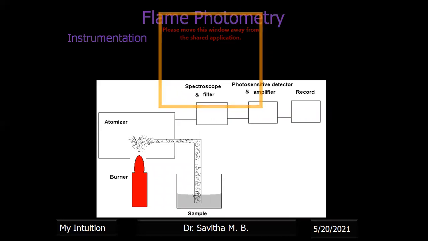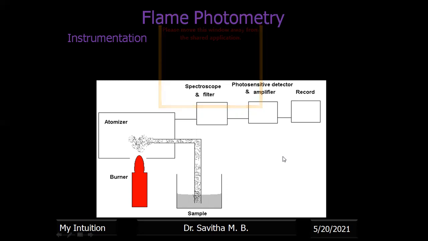Since it is unstable there, it comes back to the original ground state, and when it comes back, the energy which it had absorbed is released in the form of radiation. The intensity of the emitted radiation depends upon the number of atoms that have been excited. By recording the emitted radiation, we can find out the concentration of the metal ions in the sample.